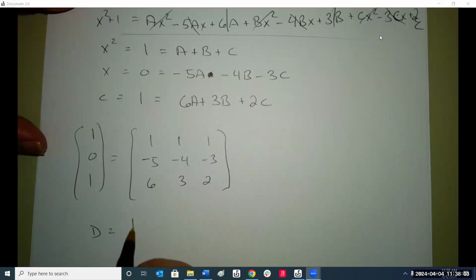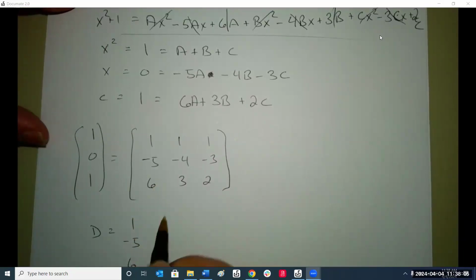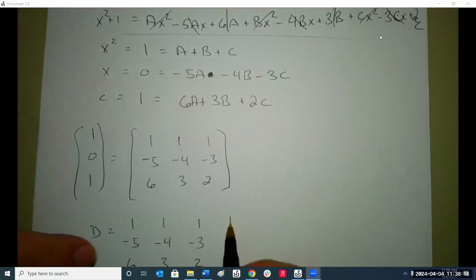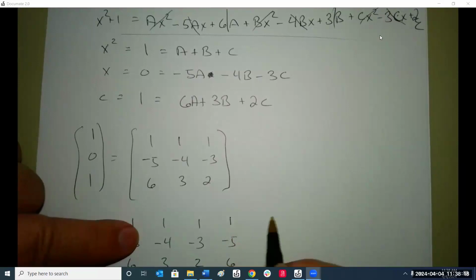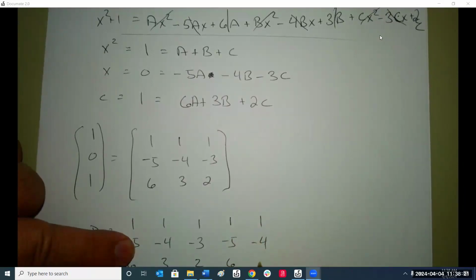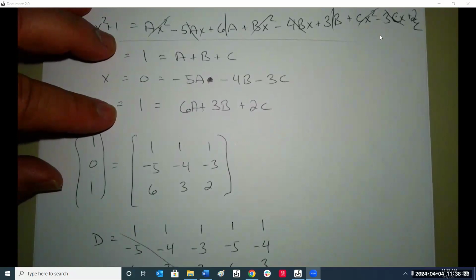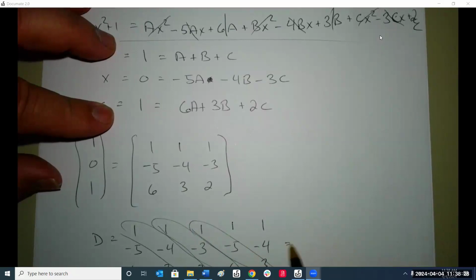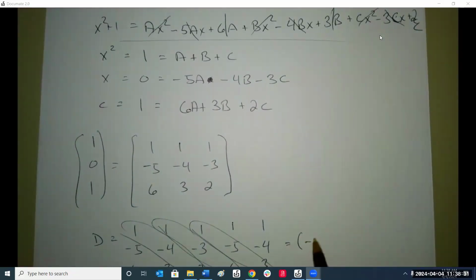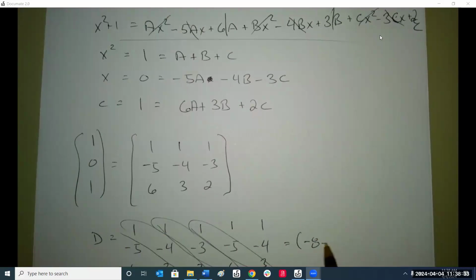So the main determinant is 1, -5, 6. 1, -4, 3. 1, -3, 2. Copy the first two columns over. 1, -5, 6. 1, -4, 3. That's -8, -18, -15.